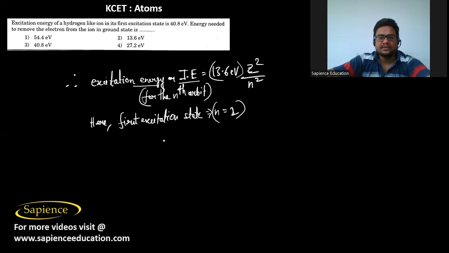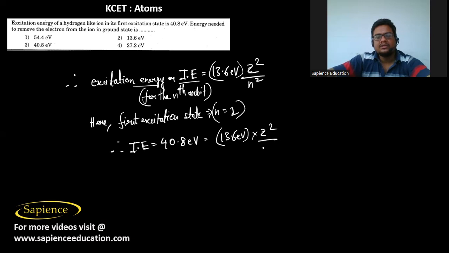So therefore the ionization energy is given as 40.8 electron volt, which is equal to 13.6 electron volt into Z square by 4, since 2 square. So therefore Z square will be equal to 4 into 40.8 divided by 13.6. So this is 3.